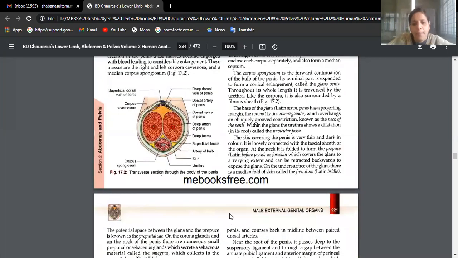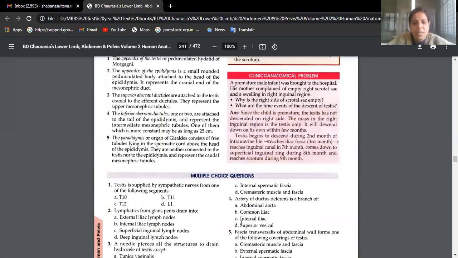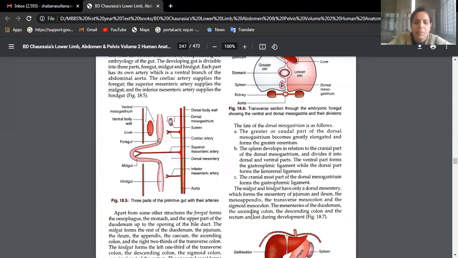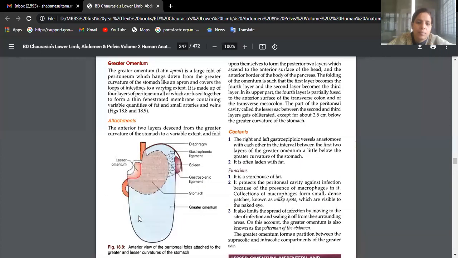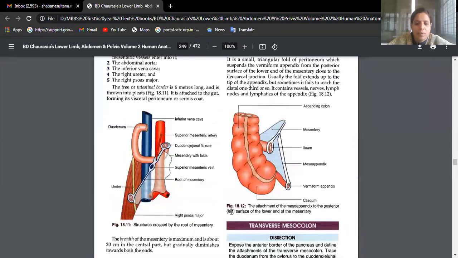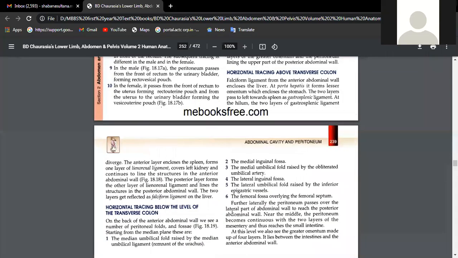Anybody? Emma? Ritika? From the lesser curvature of the stomach. I hope you are able to hear me, all of you. Yes, ma'am. Okay. I'll show you lesser omentum.